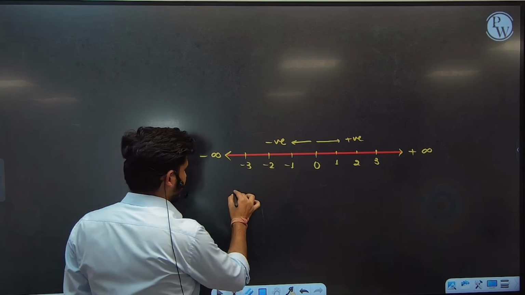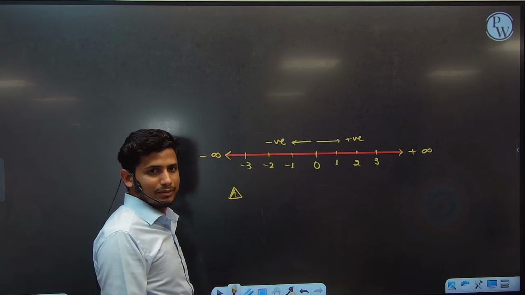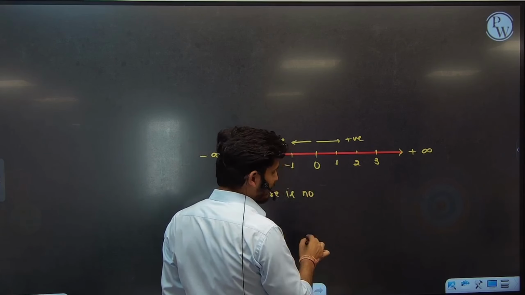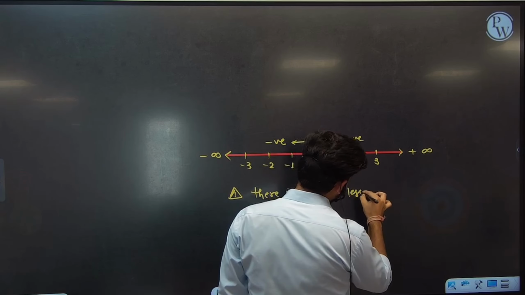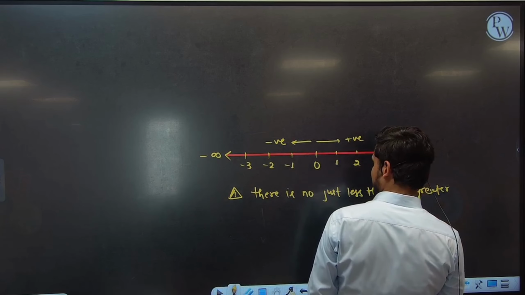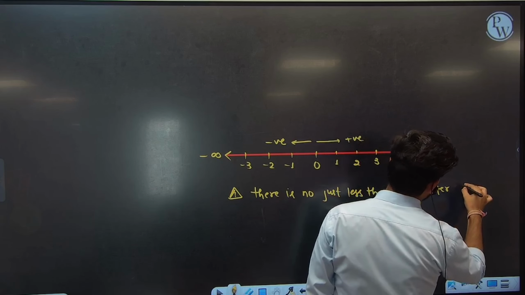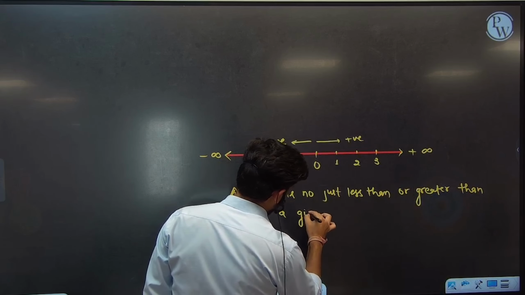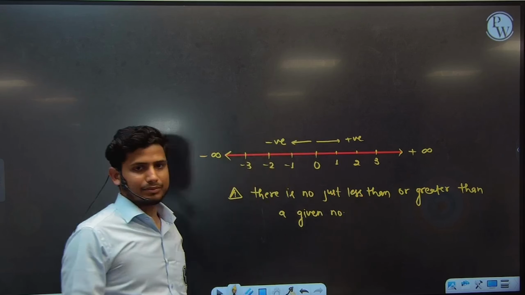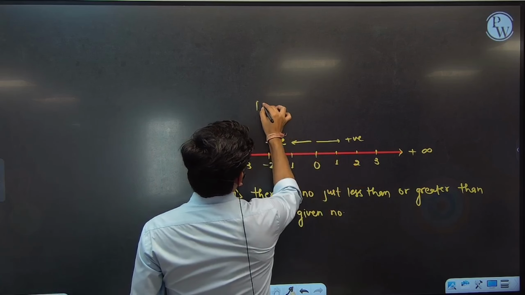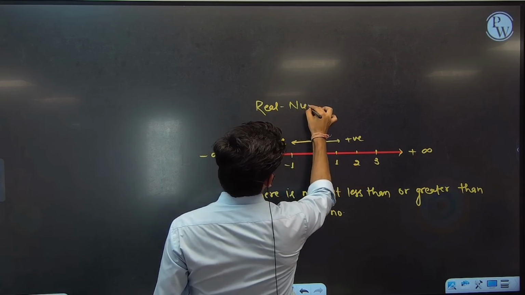So disclaimer: there is no number just less than or just greater than a given number. Number means real number, because this is called the real number line.